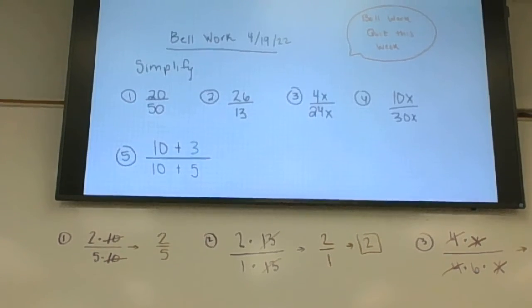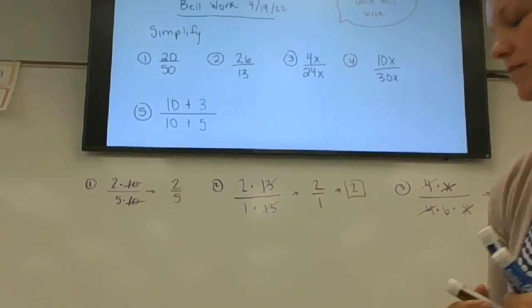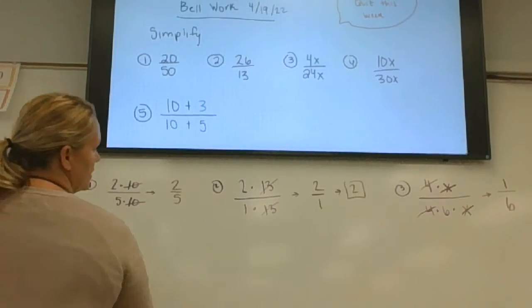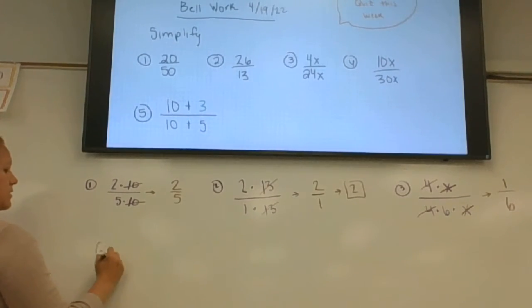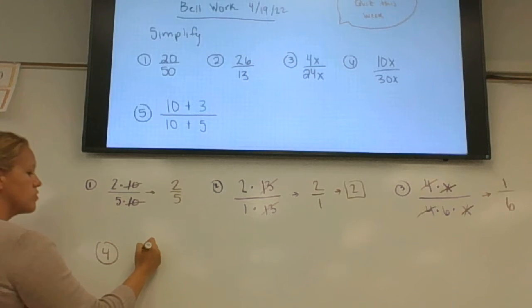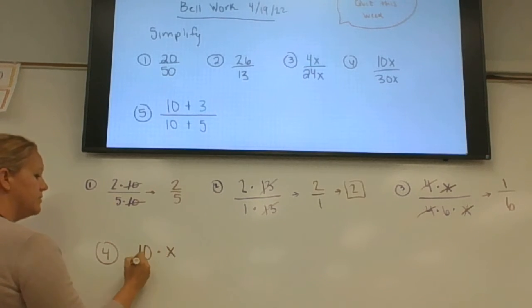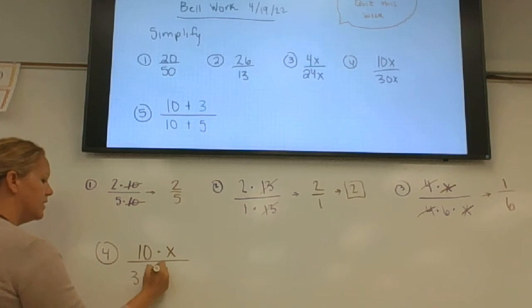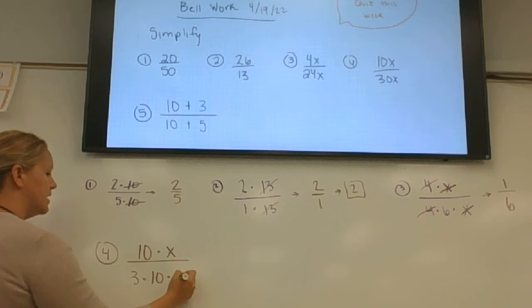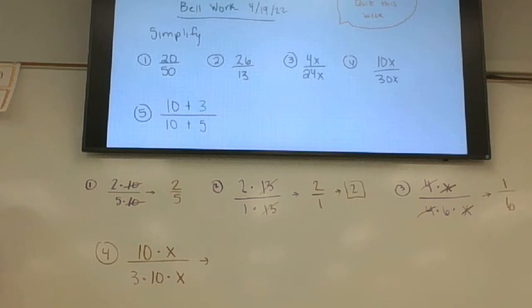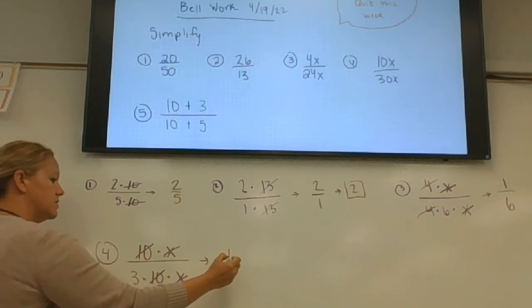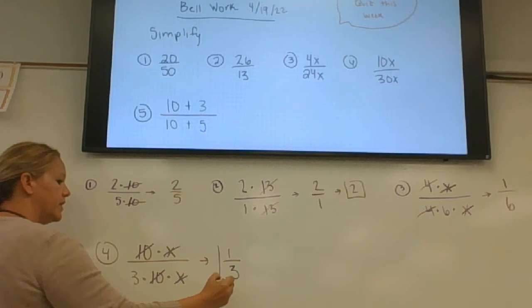And then number 4: 10 times x over 3 times 10 times x. These are factors, split up with multiplication. The 10s reduce, the x reduces, and we get 1 third.